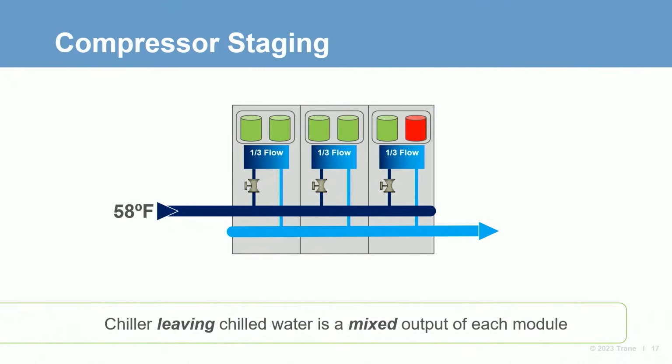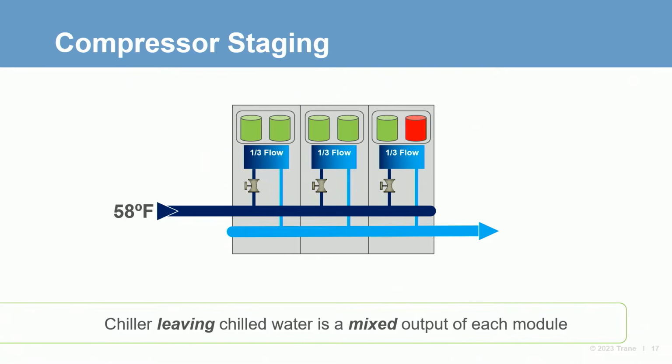When we look at 3 modules operating in parallel, we can see the mixing effect. This 3-module chiller has the same part load scenario we just looked at with 58-degree entering water. Here, the lead controller of the chiller bank again knows that it is a part load situation, but has more steps of control with which to meet the system demand.